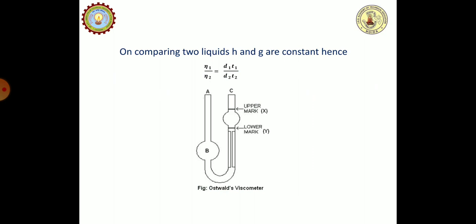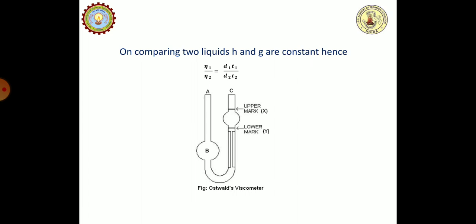One end of the tube we mark as A, and the other end we mark as C. At the end of C, there is an upper mark, which we mark as X, and below it a lower mark, which we mark as Y. The opposite tube we mark as B. This is the diagram of the Ostwald viscometer.